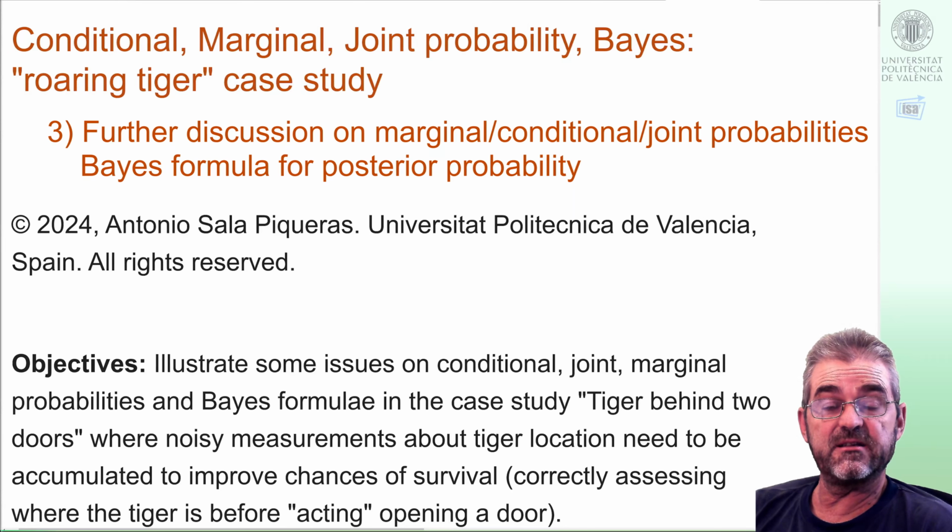I'm Antonio Sala, and in this video we are going to further discuss relationships between concepts on marginal, conditional, joint probabilities and Bayesian posterior probabilities with the roaring tiger case study we started in previous videos.